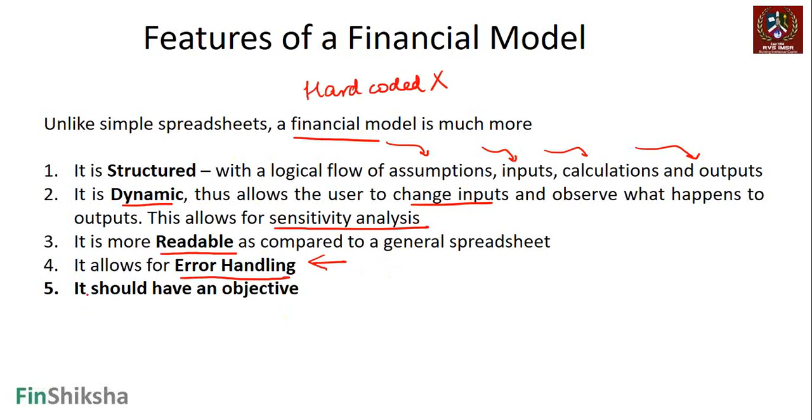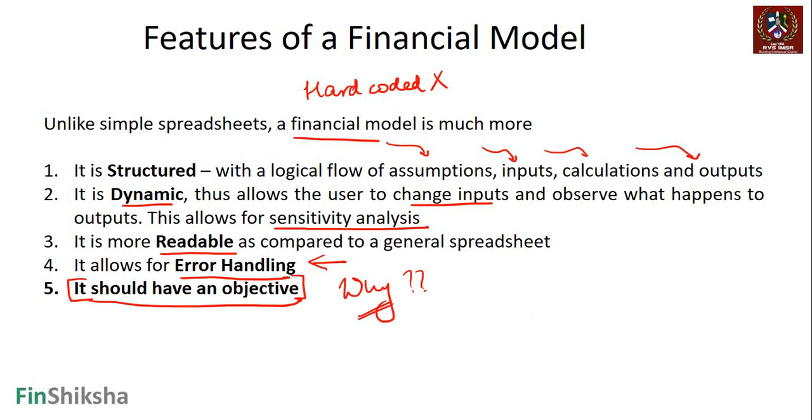And finally, and most importantly, a financial model should have an objective. Without an objective, there is no real point in creating a financial model, right? So it is absolutely necessary for a financial model to have an objective, which is basically why it is needed in the first place. What is it that we are trying to find out using this particular financial model?